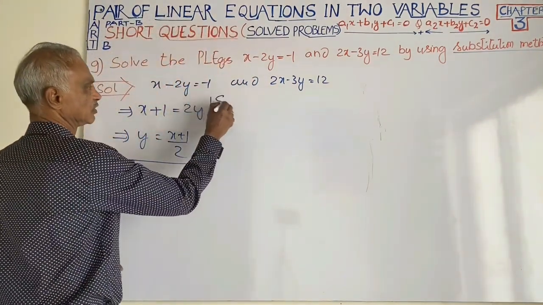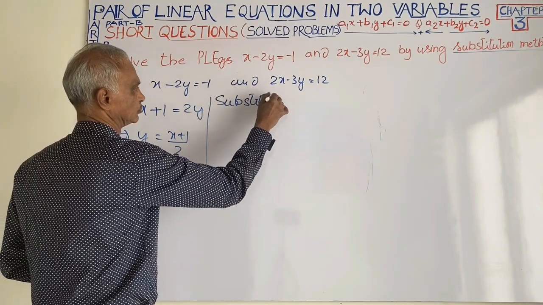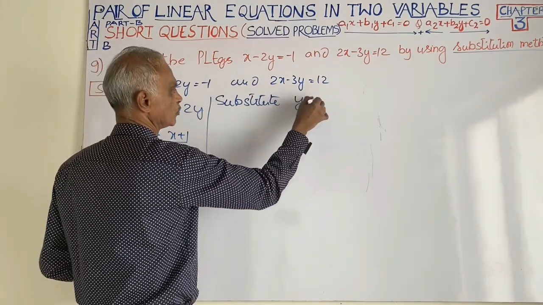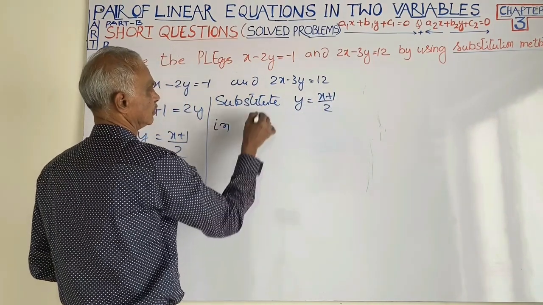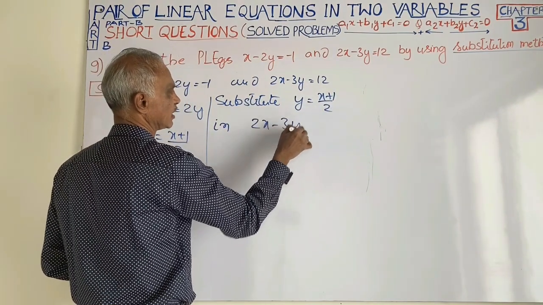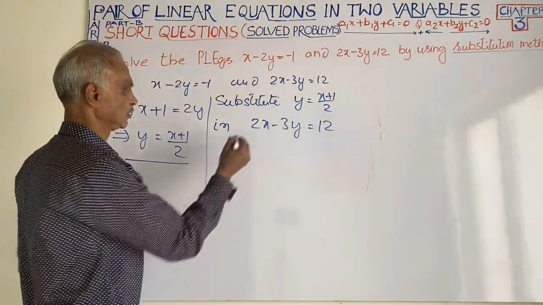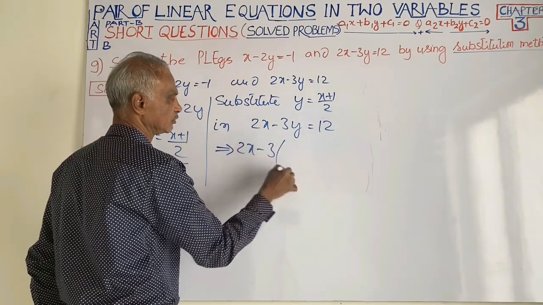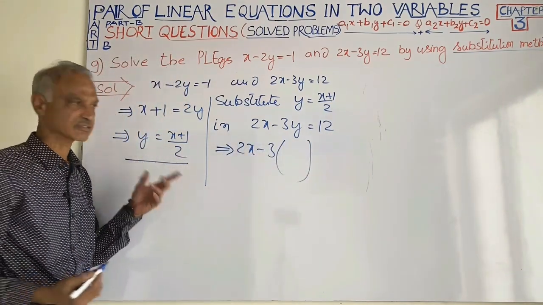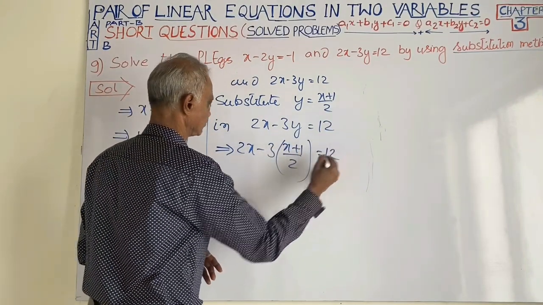Now substitute y is equal to x plus 1 by 2 in 2x minus 3y is equal to 12. You will get the value of x. Say, 2x minus 3 into what is the value of y? x plus 1 by 2 is equal to 12.